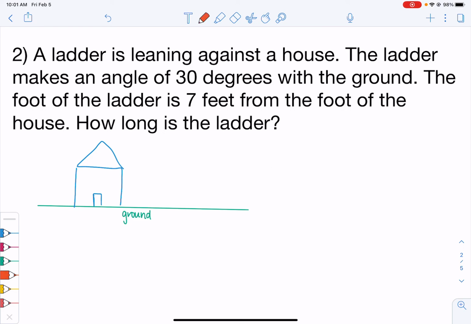A ladder is the thing we climb up. And it's leaning against the house. The ladder makes an angle of 30 degrees with the ground. So ladder and ground make a 30-degree angle.